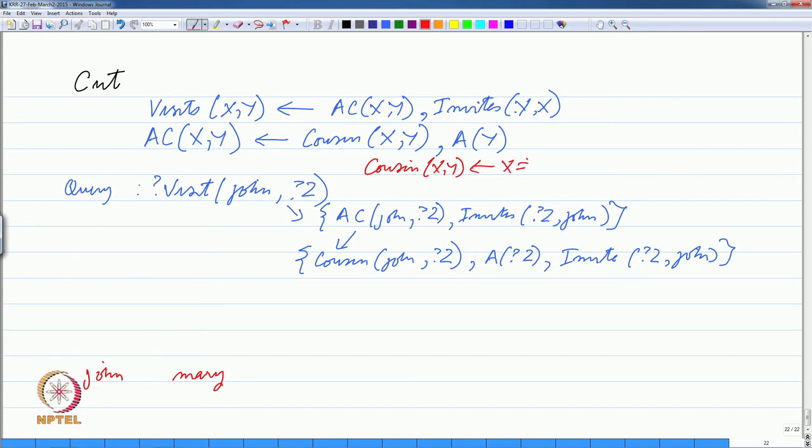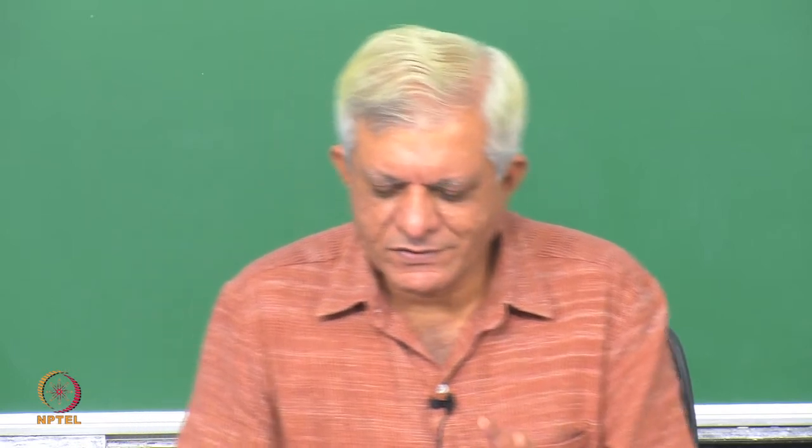First of all, X must not be equal to Y, then they may not be siblings. And then there must be a grandparent of X who is also a grandparent of Y. So, there must be some Z who is a grandparent of X and who is a grandparent of Y. So, assuming that the meaning of that GP X Z is that Z is a grandparent of X essentially.